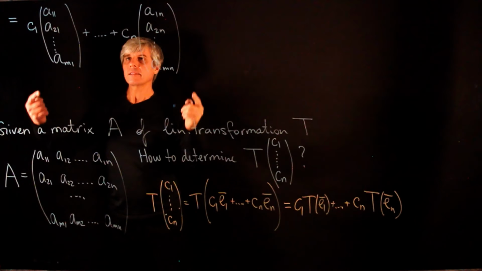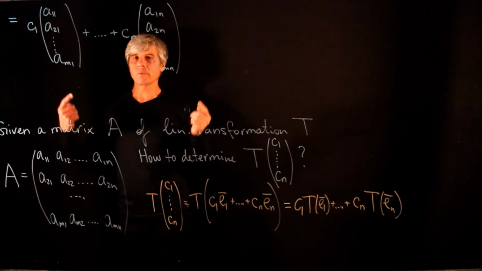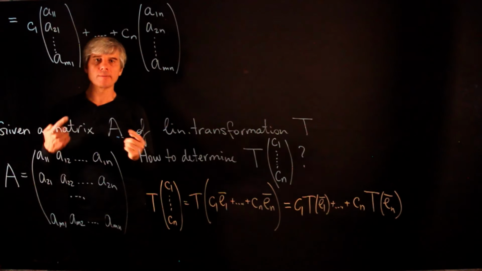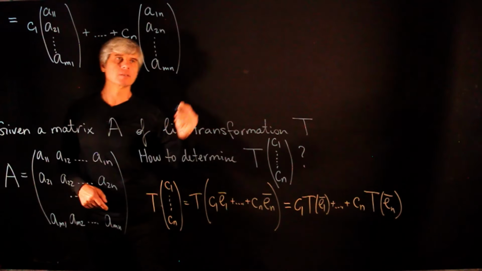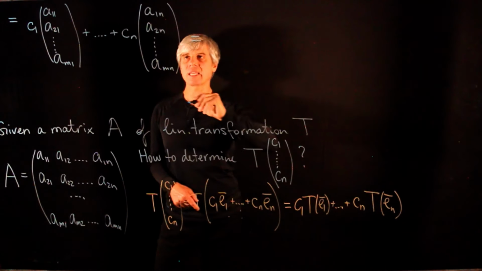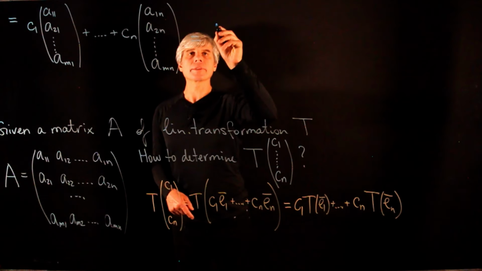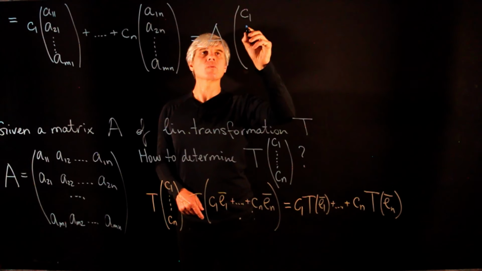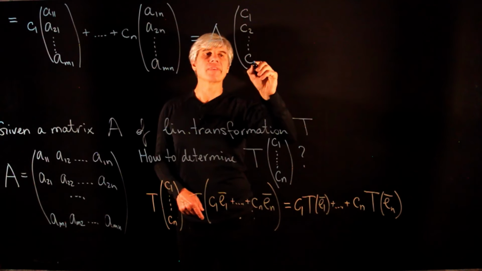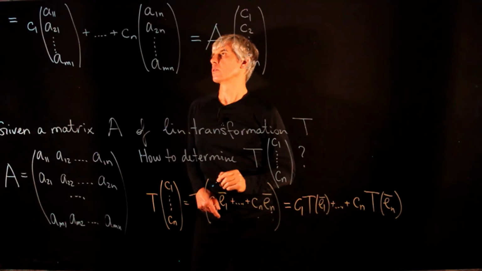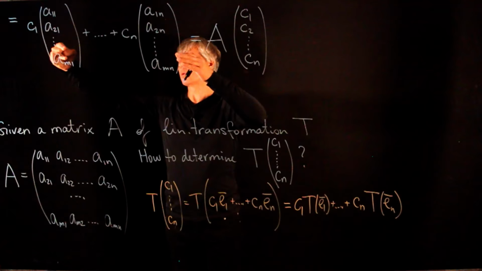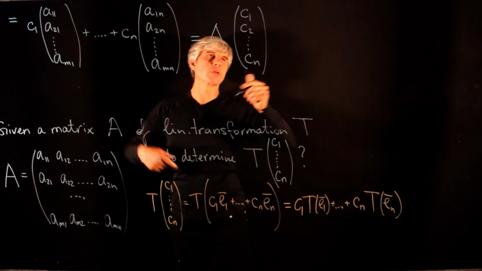But we recall that this is nothing but multiplication of a matrix by a vector. This is exactly the product of matrix A with the vector (C1, ..., Cn). Another way of seeing this is to compute all the components.